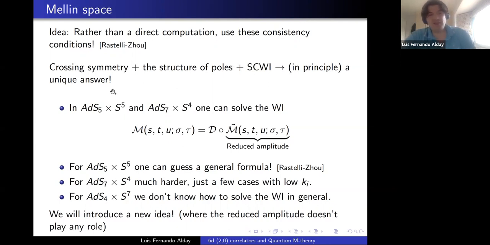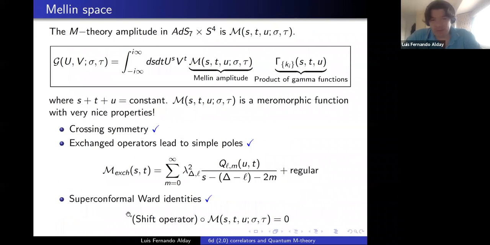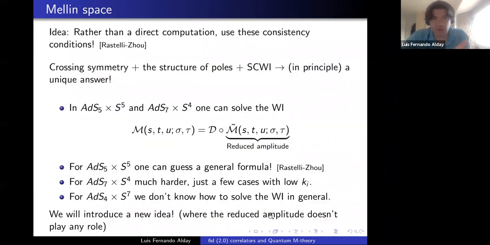Now, in the case of AdS5 cross S5 and AdS7 cross S4, things are relatively nice because it turns out that one can solve the Ward identities. And we can write down the solution to this equation as follows.